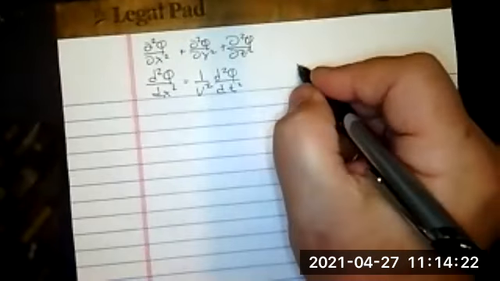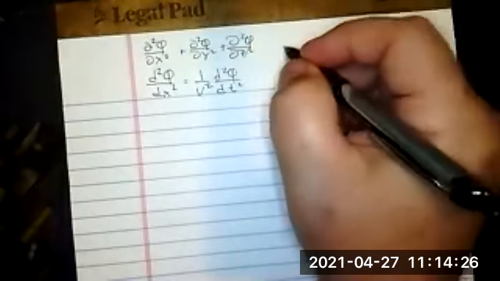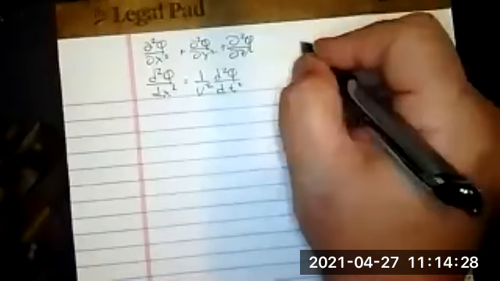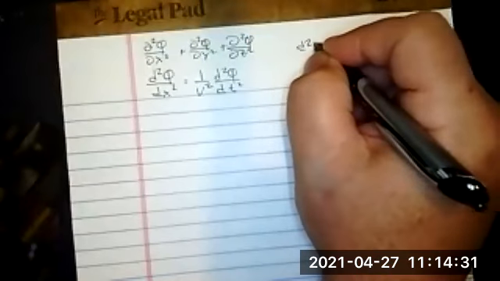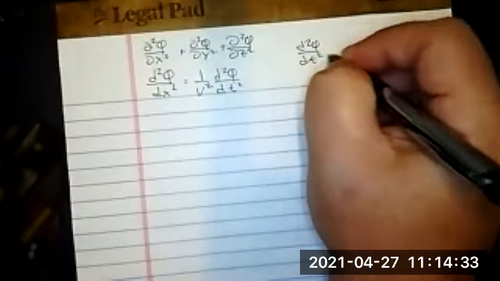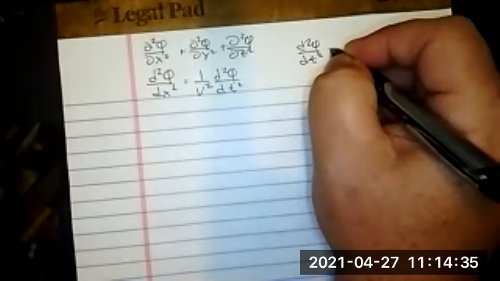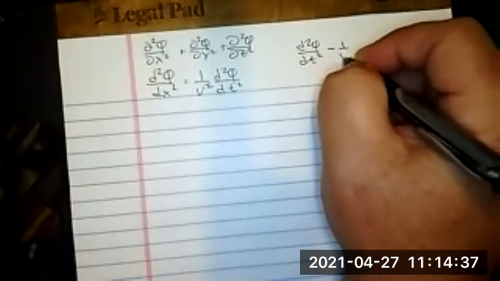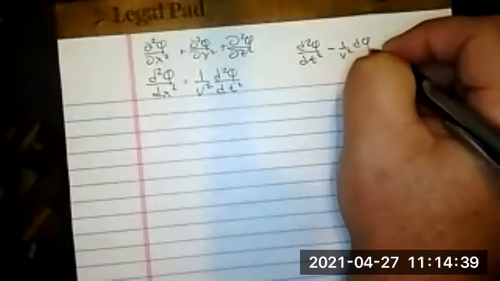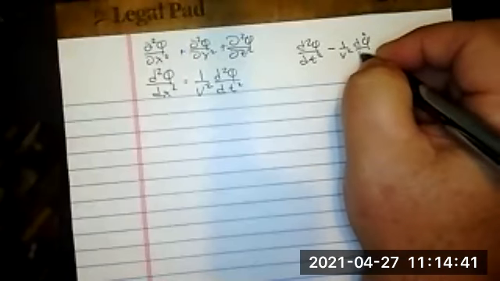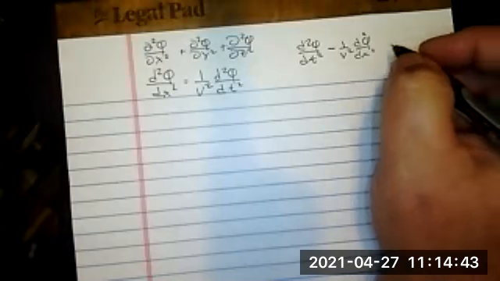And a solution to this is called a plane wave. And this is also of the form, you can write it this way. You can say d2 phi over dt squared minus 1 over v squared d2 phi over dx squared, something like that, equals 0.